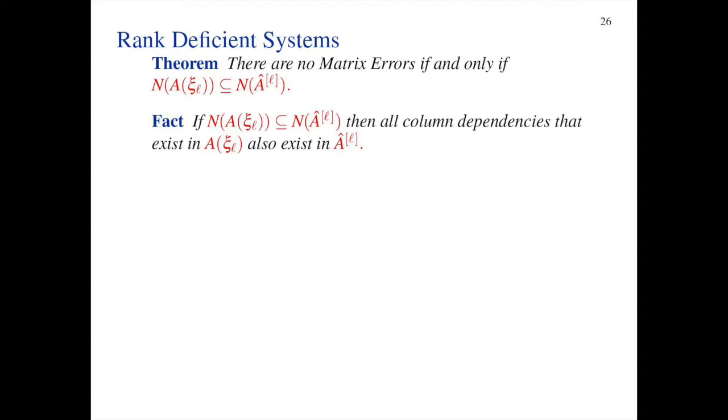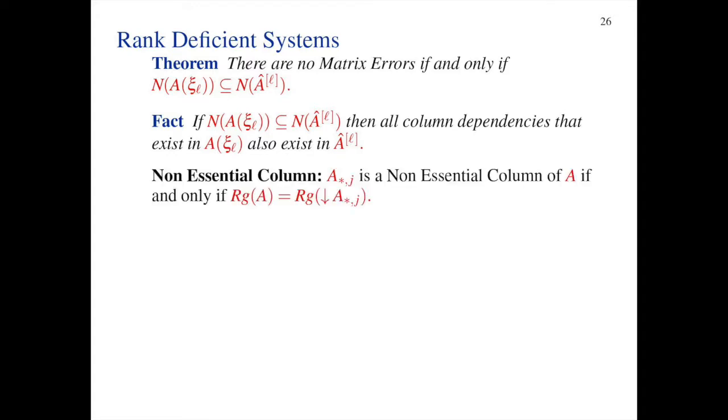So it turns out that what this means is that there's some column dependency in A that does not exist in A hat. And we want to figure out the places where this occurs. So we define something that we call a non-essential column. By non-essential column, I mean, so I have a rank deficient system, and imagine that I drop one column and the range remains the same.